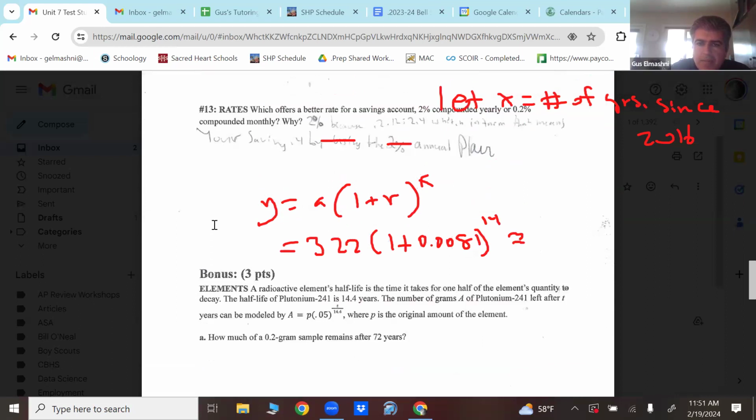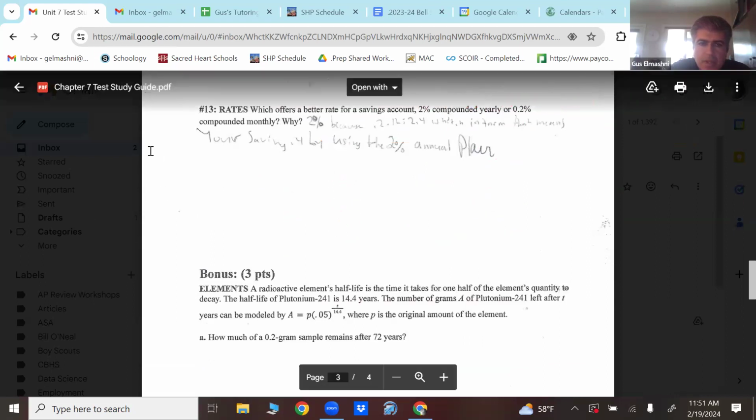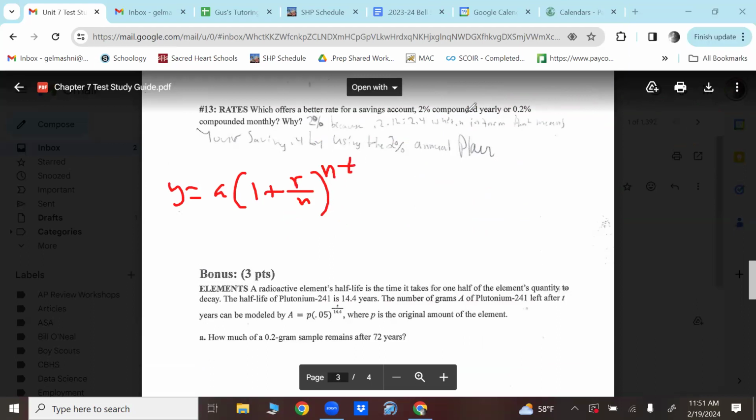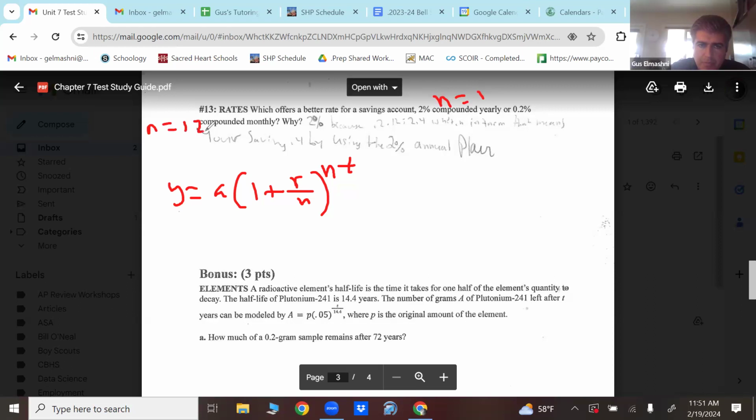And in here, there's a formula for that also. Well, you could think of it like this. If you're doing it yearly, then n is 1, but monthly n is 12.